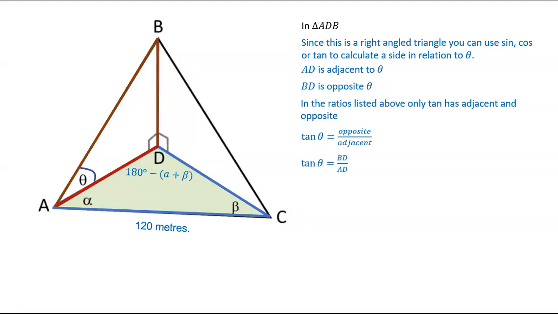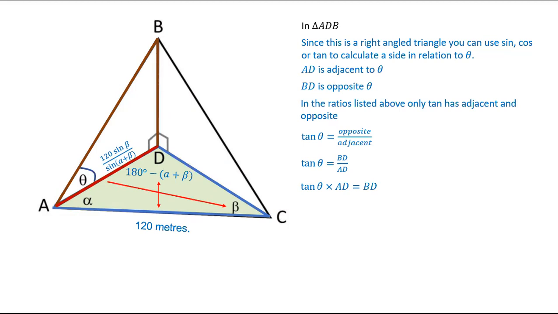But that AD, we've calculated it. That AD is equal to 120 sine beta divided by sine of alpha plus beta, which is a compound angle.